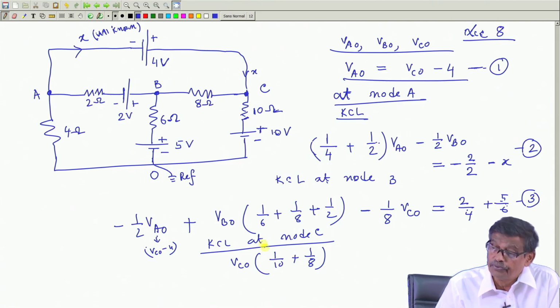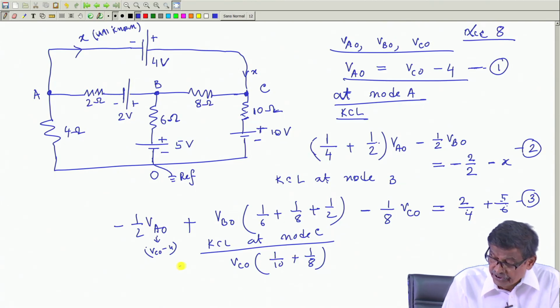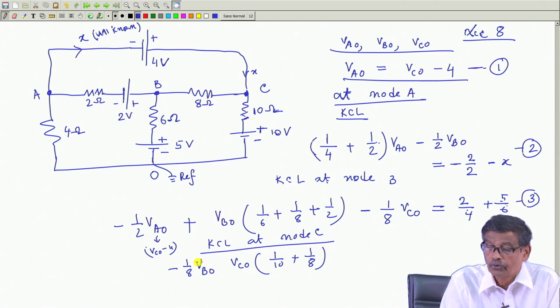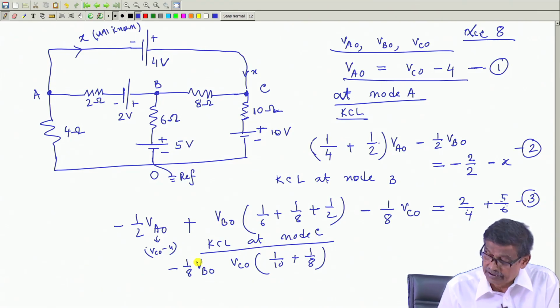So this is the coefficient of V C 0. The coefficient of V B 0 will be minus 1 by 8 into V B 0, and the coefficient of V A 0 will not come because it is a current source as if feeding that point x.